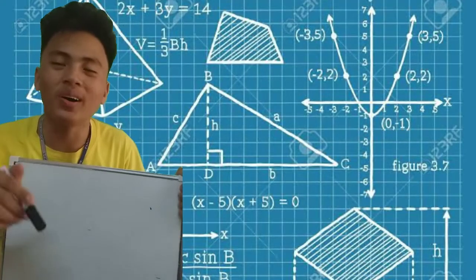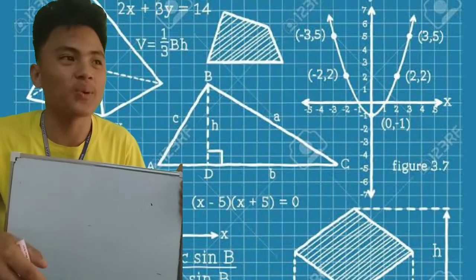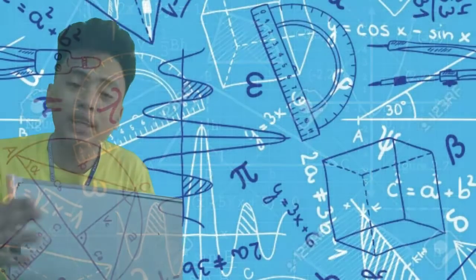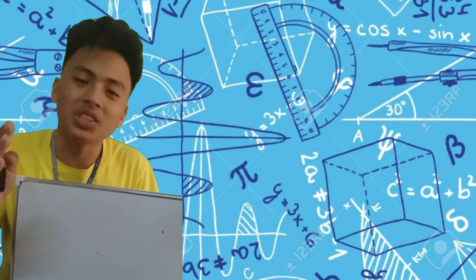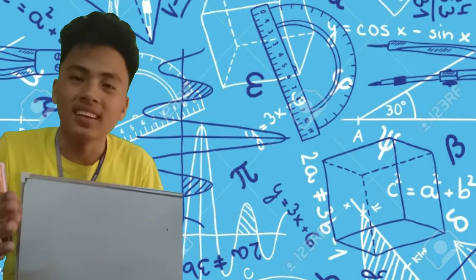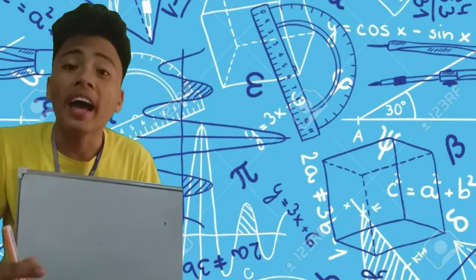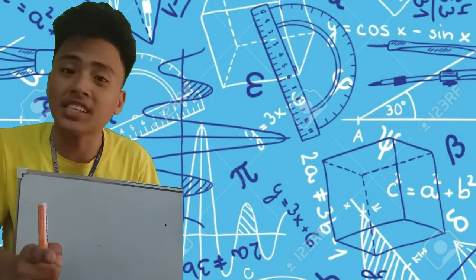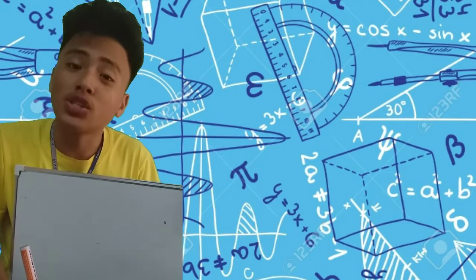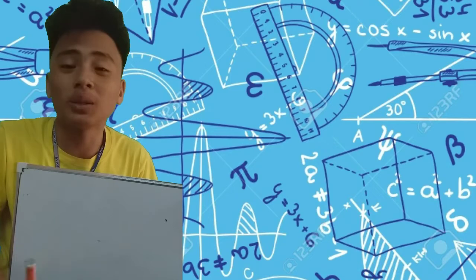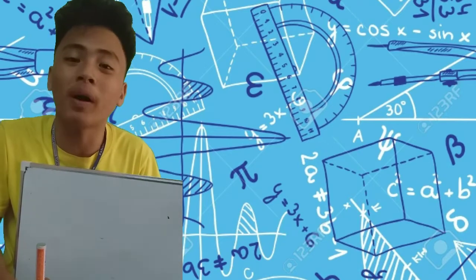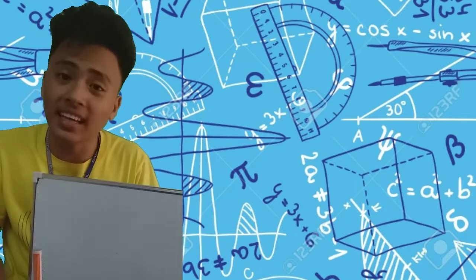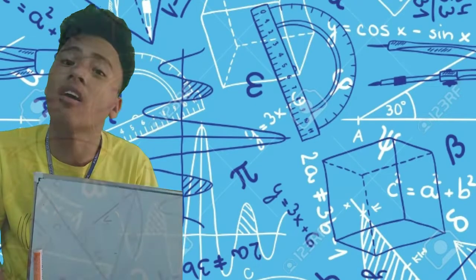Hello everyone, now I'm here to discuss the definition of triangle congruence. Please remember that triangles are congruent if and only if their vertices can be paired so that corresponding angles and corresponding sides are congruent. That is the definition of triangle congruence.